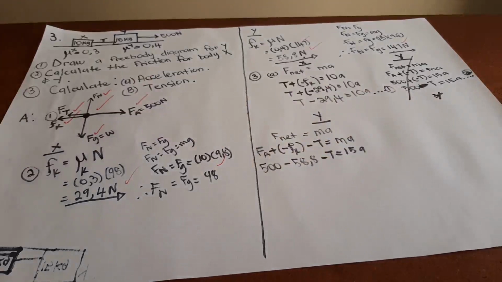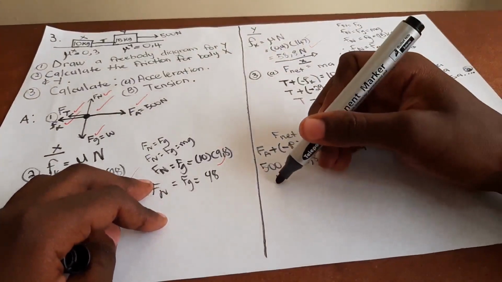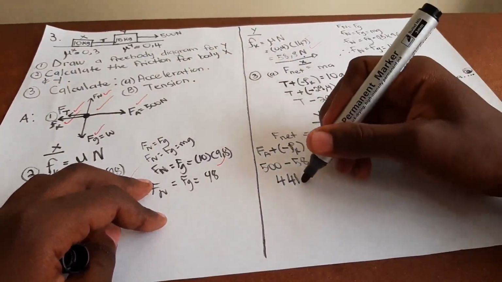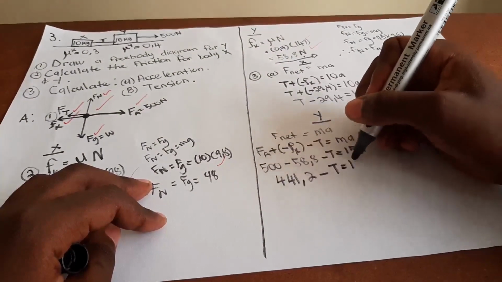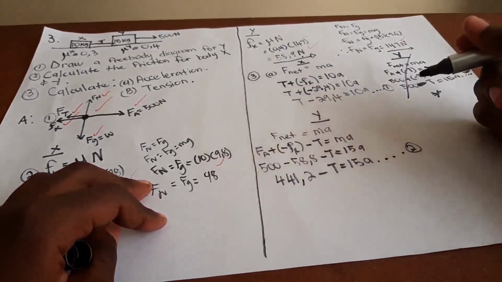So 500 minus 58,8. Let's press our calculators. That becomes 441,2. So 441,2 minus T is equal to 15A, and this becomes our second equation.